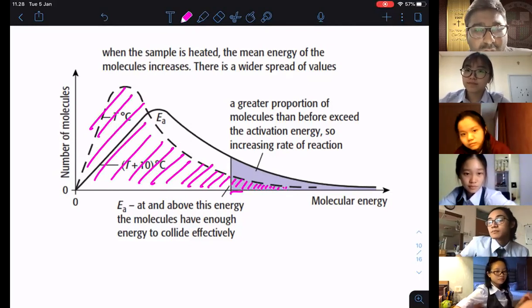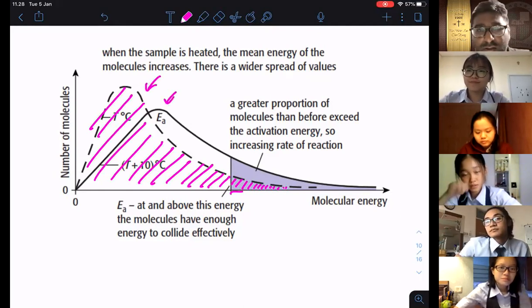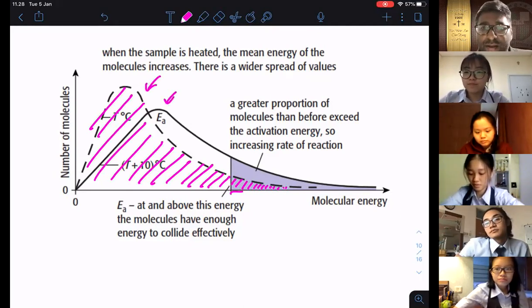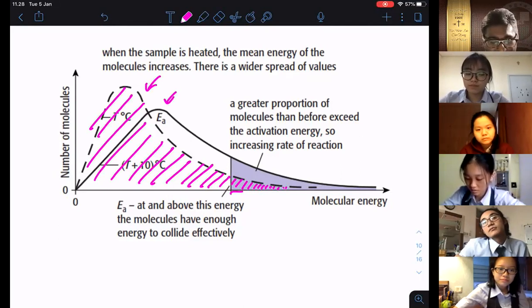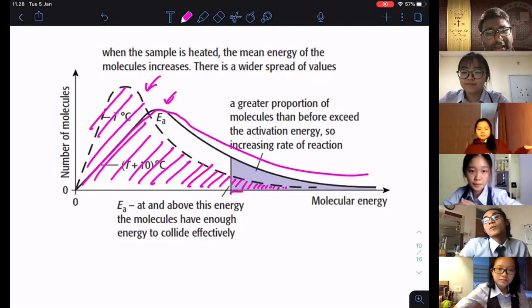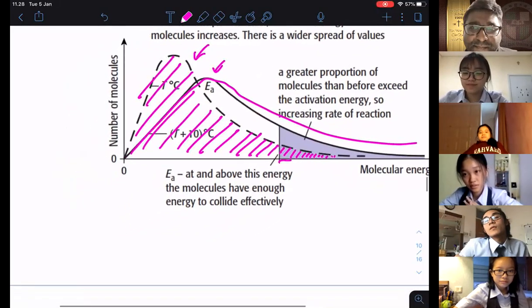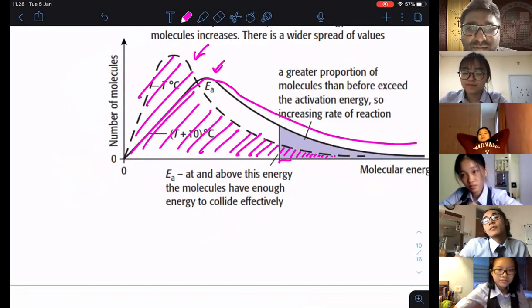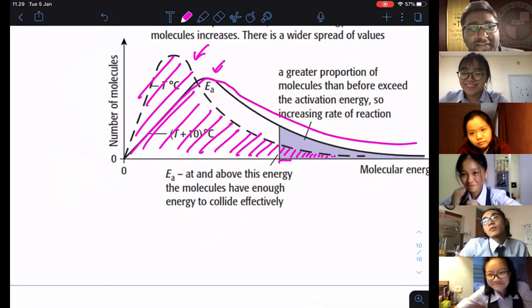One of the reasons why the graph has a different shape is because the total area must be the same. That's why the shape changes. This was explained by Dr. Gopi before, I still remember.